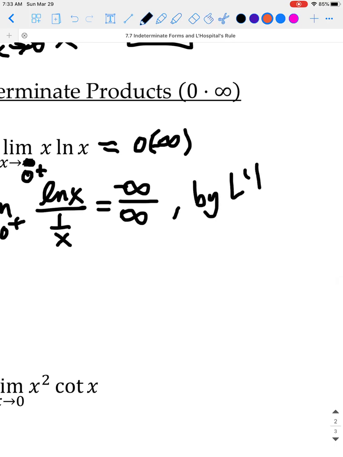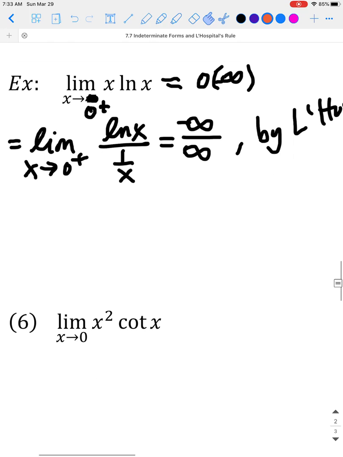And now we can apply L'Hopital. So we have this additional step of manipulating our expression so that we can see L'Hopital applies.